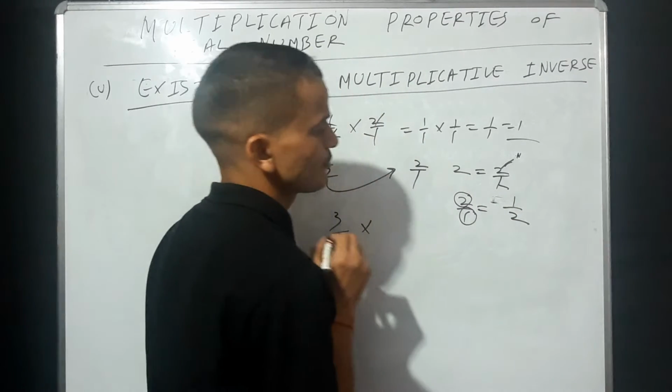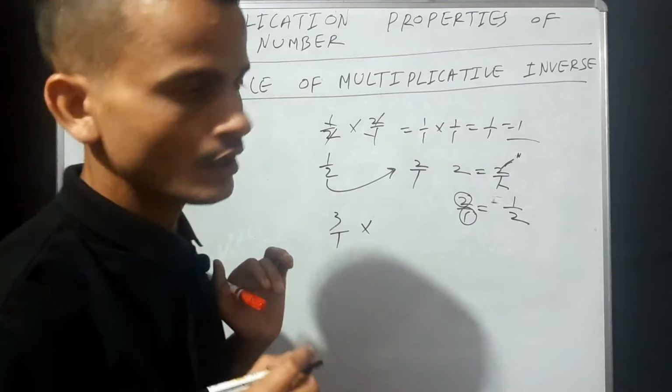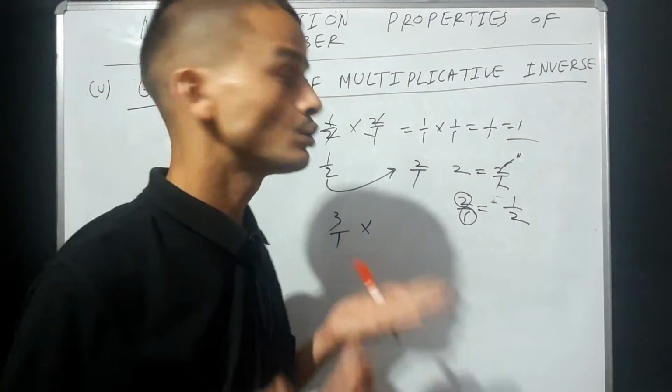So 1 by 2 is the reciprocal of 2 by 1, or 2.